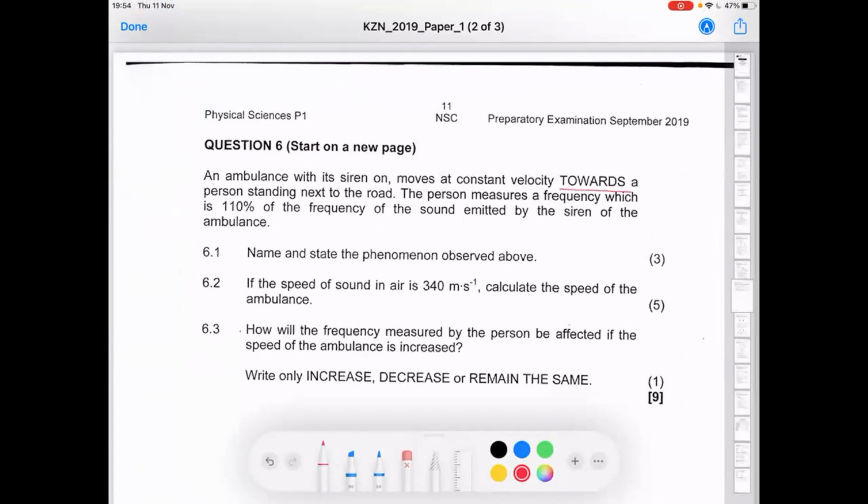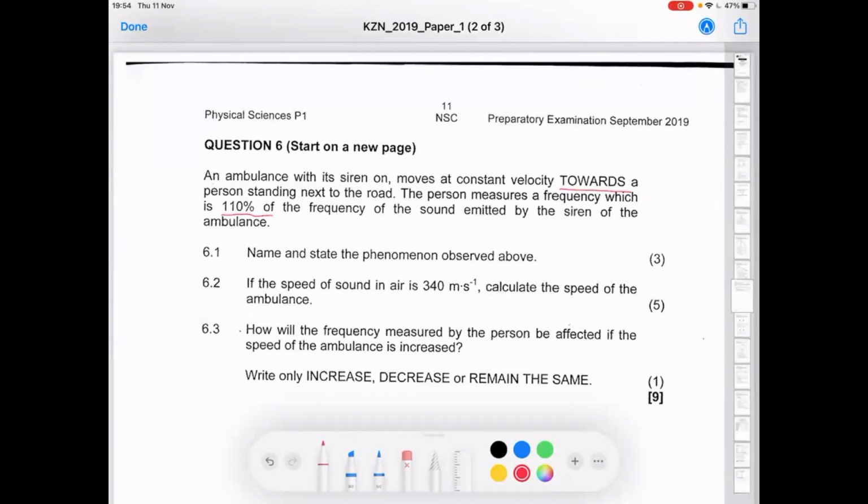The person measures a frequency which is 110% of the frequency of the sound emitted by the siren of the ambulance. Name and state the phenomenon observed above. The phenomenon is the Doppler effect, and then they're asking you to state what the Doppler effect is.